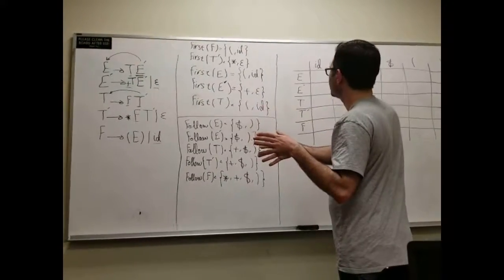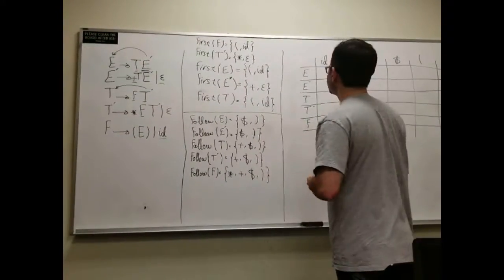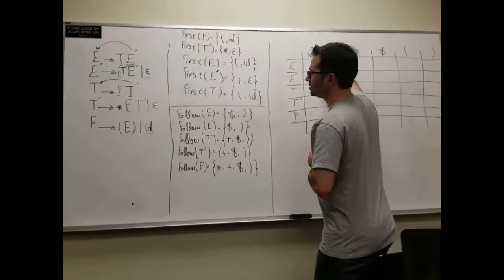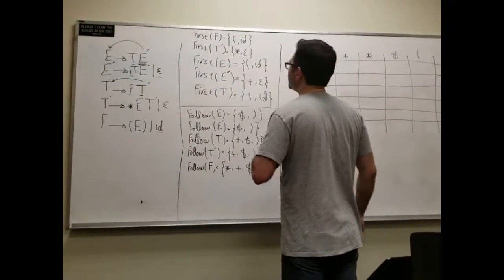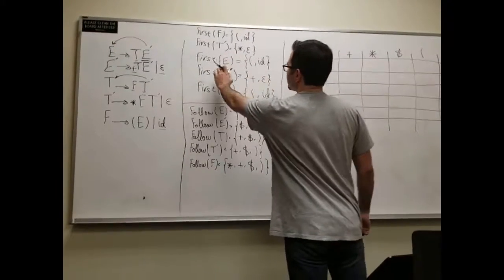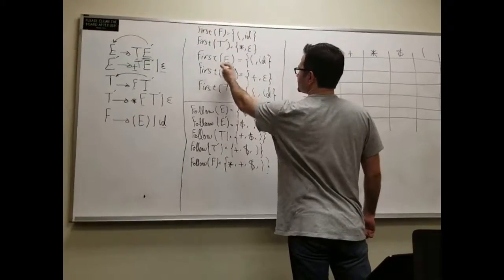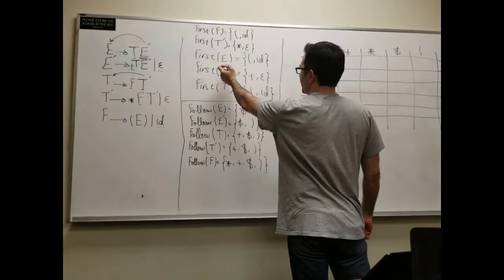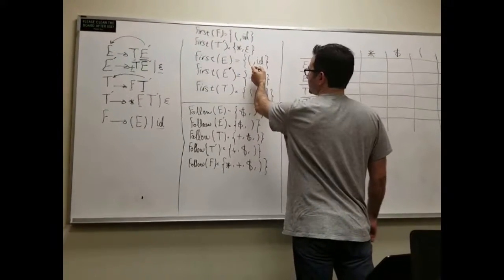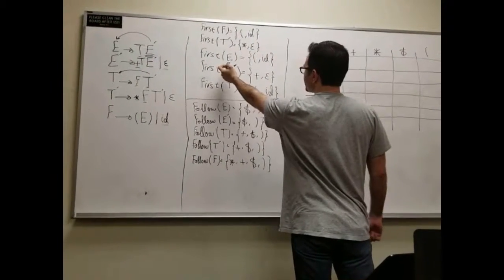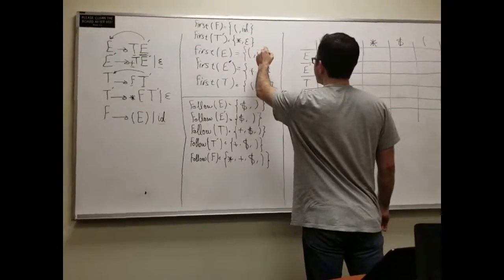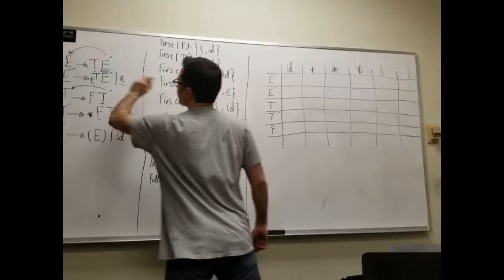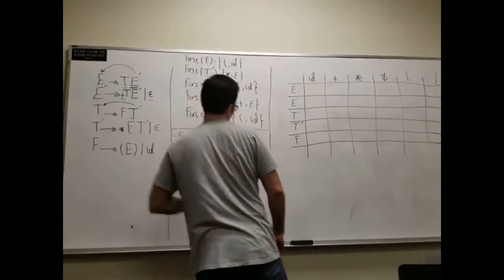Okay, so in order to fill the table, we need to see if we are in the E symbol and we face ID, where we should go. So first we need to check the first set. As you can see in the first set, we have ID. So we are in the E set, we face ID, so we should go for this grammar.